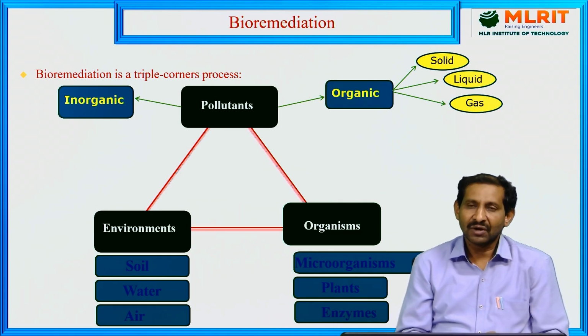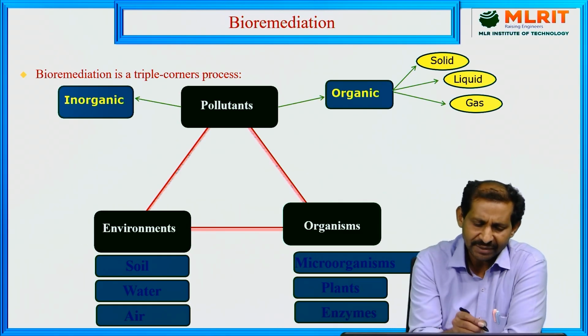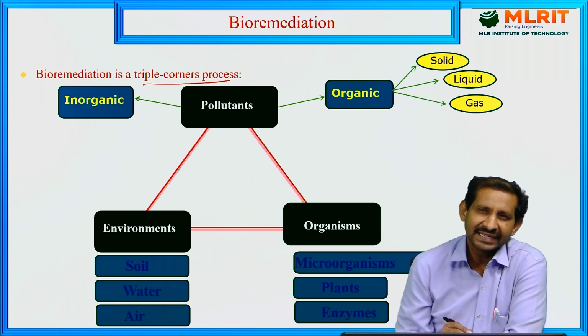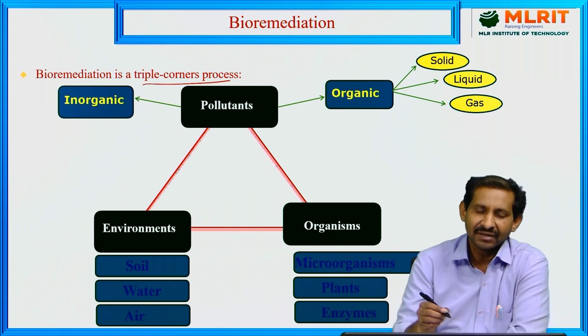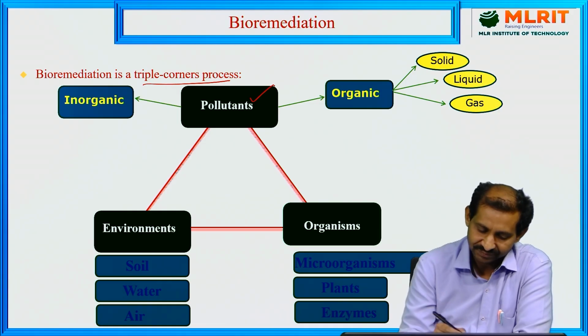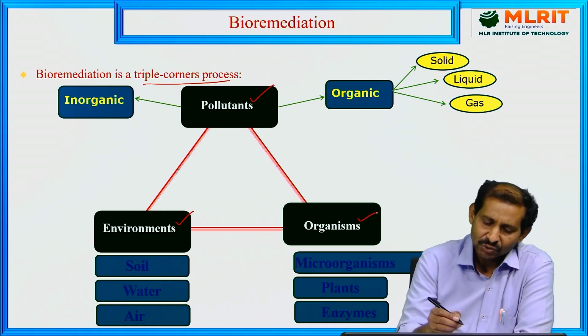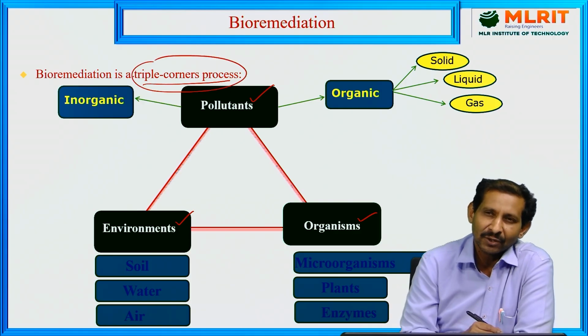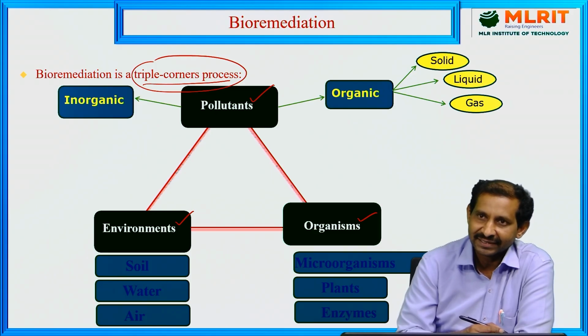Now, bioremediation is a triple corner process. Here three key elements are present. First one is the pollutants, second one is the environment, third one is the organism. That's why this is the triple corner process. First, what type of pollutants will be available in that environment?